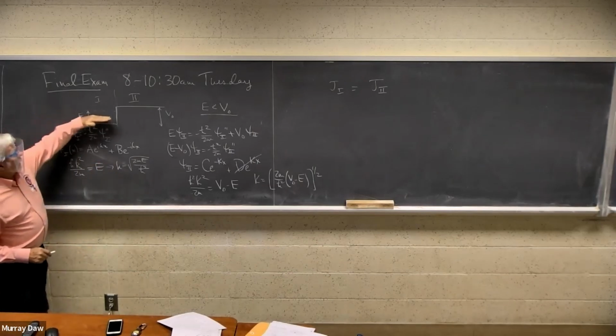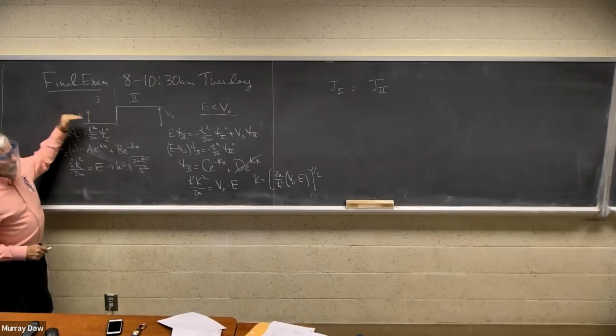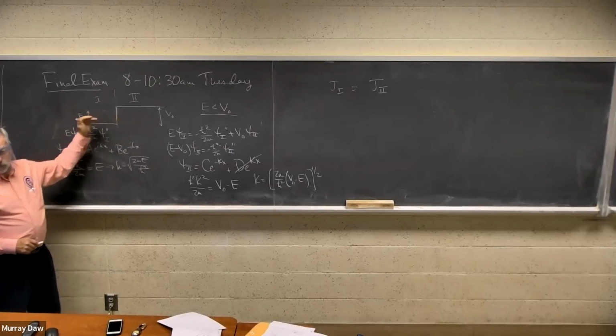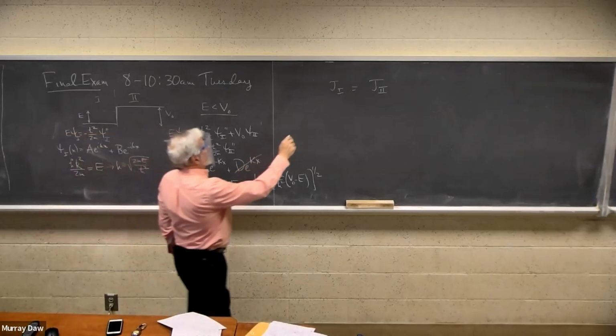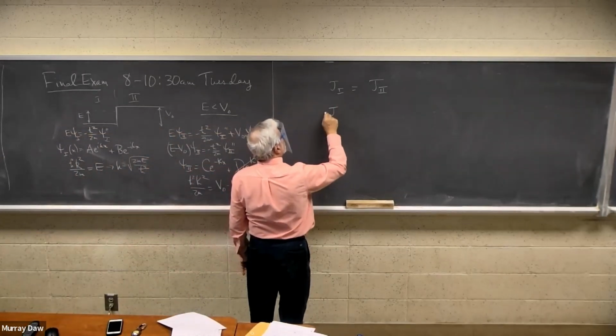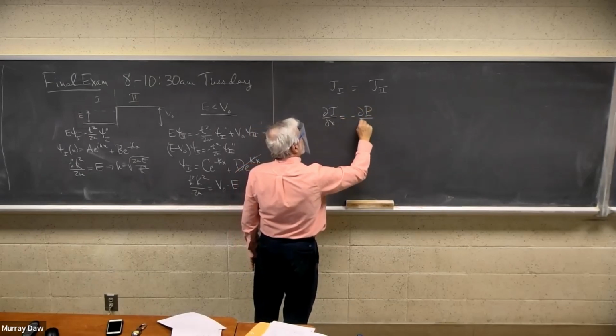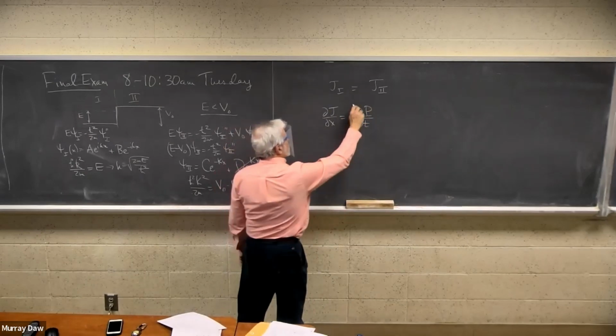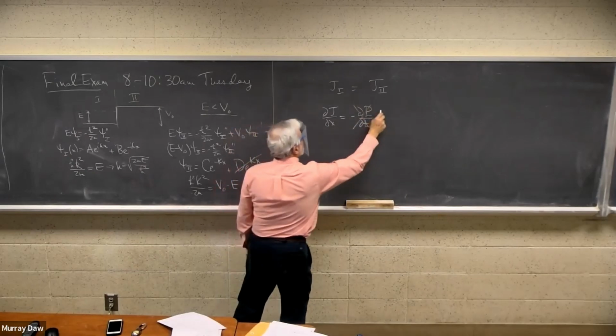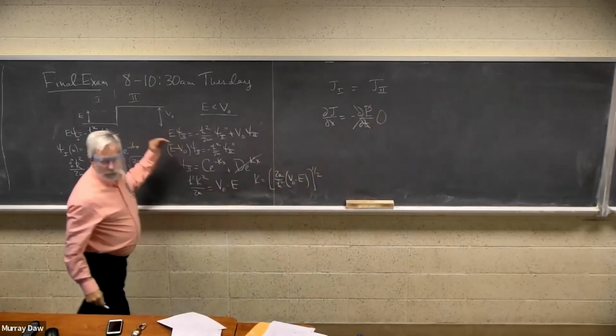Because the current is coming in, the net current has to be the same passing through this interface. In one-dimensional problems, remember there's a relationship between the current and the probability density. If the probability density is not changing, that means the current has to be uniform all the way across.